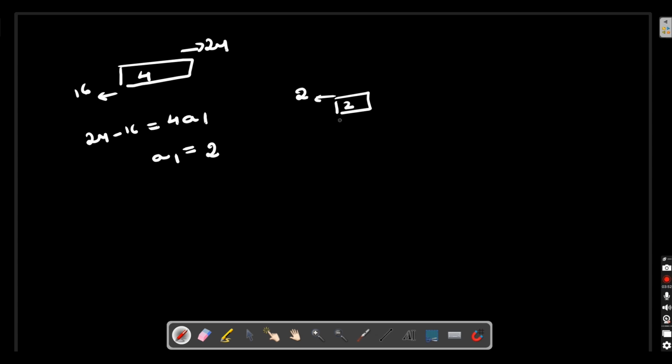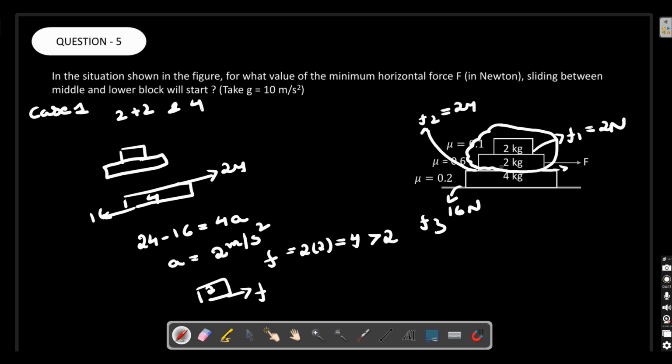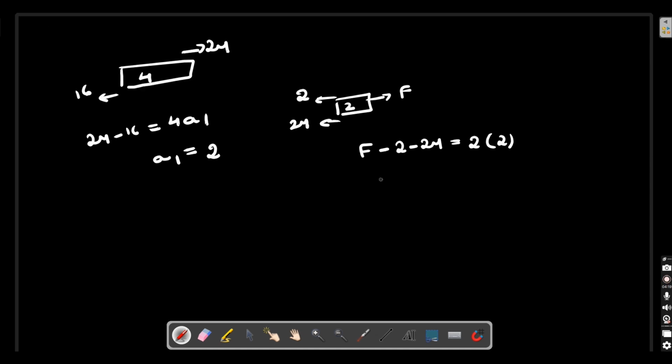And here you have its own friction, that is 24. And here you will have F. So F minus 2 minus 24 is equal to 2 into the acceleration, which is 2. Got the point? In this particular case, the two blocks are moving in different ways, but the acceleration will be the same, right? So 2 into 2. So F is equal to 24 plus 2, 26 plus 4, that is 30 Newton. That is the answer.